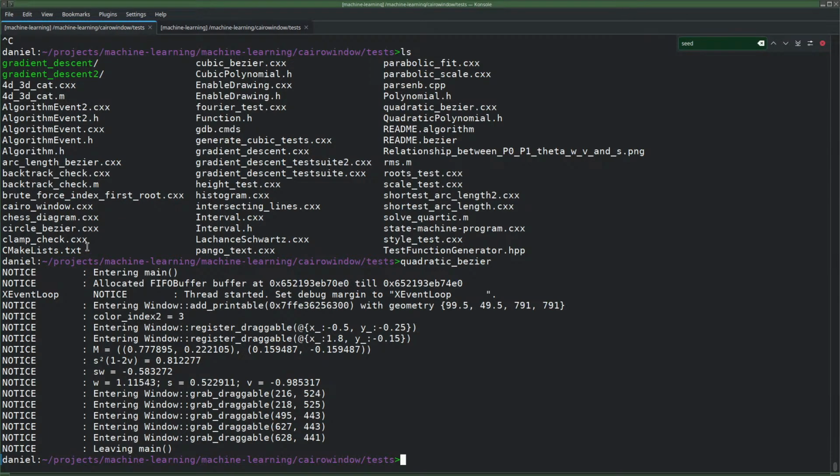Why the hell do I not have a program that allows me to drag the control points themselves? Let's change this program so I can do that.